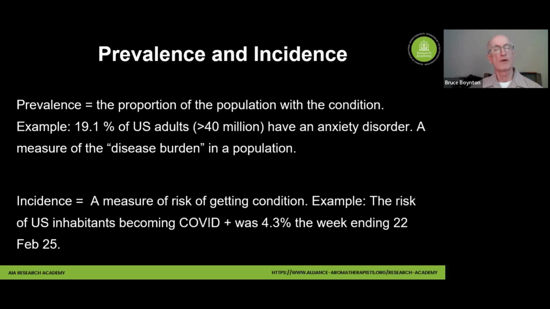So the terms incidence and prevalence are often confused. If you're talking about the proportion of the population that has something right now, that's prevalence. If you talk about the risk of getting it in the future, that's incidence.